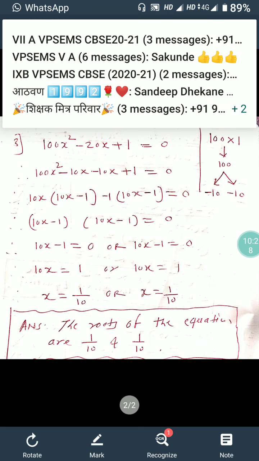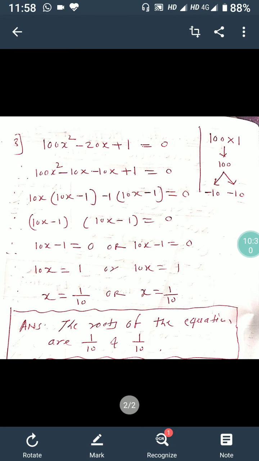Similarly, from the second group, you can take minus 1 as a common. Remember student, from 10x and 1 nothing is common. Whenever nothing is coming common, you should take at least 1 as a common with the proper sign. As per the rule I told you, you should take that minus sign, because here the minus sign is there.